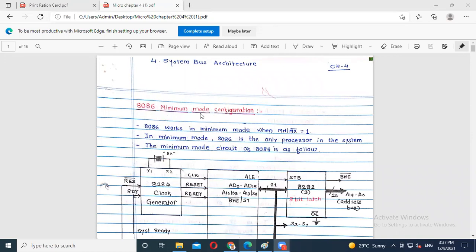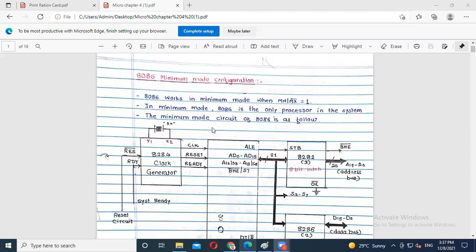Lastly, we are going to study the difference between minimum mode and maximum mode of the 8086 microprocessor, and also the read cycle and write cycle for minimum mode and for maximum mode. If we study this much, this is enough for your microprocessor topic.